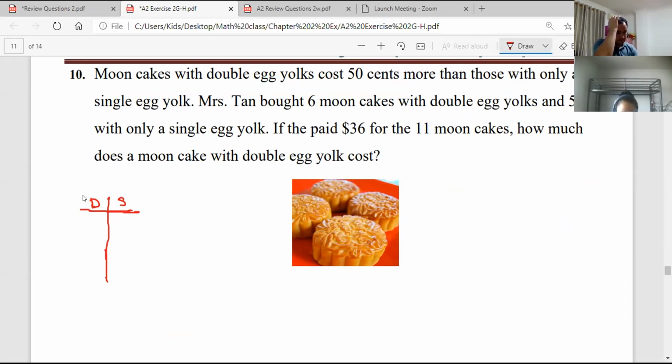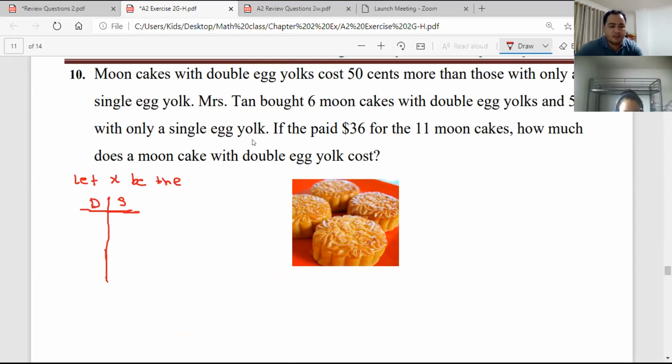So let X be the cost of a single egg yolk, the money. How much does a mooncake with double egg yolk cost, right? So we need to find double egg.